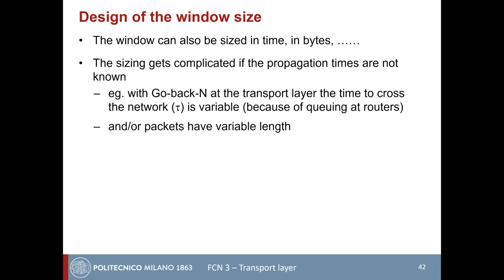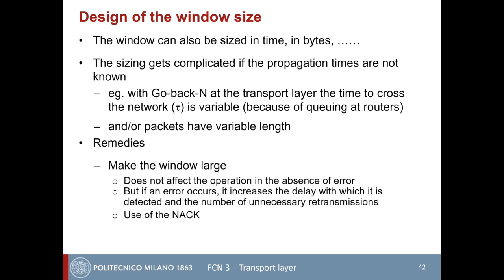So when we are implementing this ARQ mechanism at transport layer, the round trip time is a random variable. But here we need the round trip time, for example, to design the windows. So how do we solve this problem? The first solution is the following.